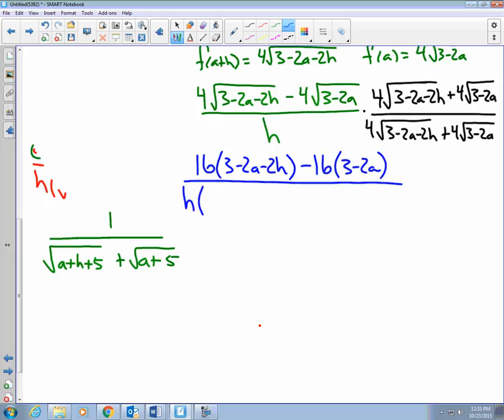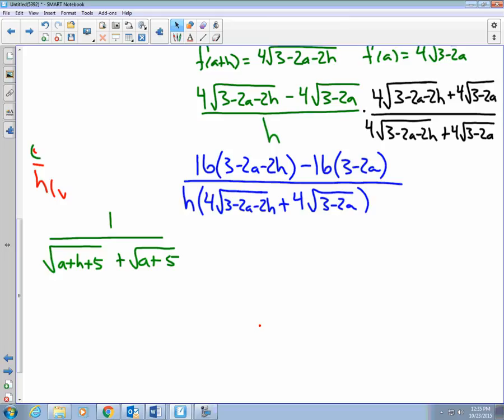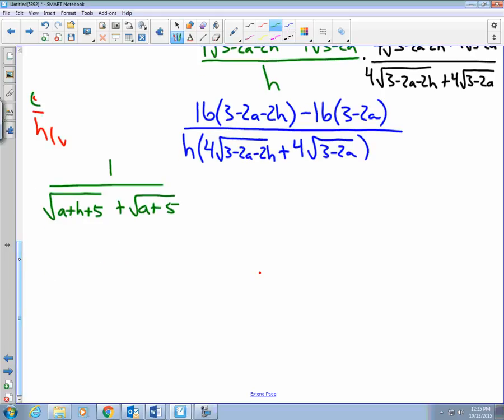h times the quantity, 4 roots of 3 minus 2a minus 2h, plus 4 roots of 3 minus 2a. Oh boy. It's like we got some work to do in our numerator, huh? All right, multiply it out. Let's just do it.